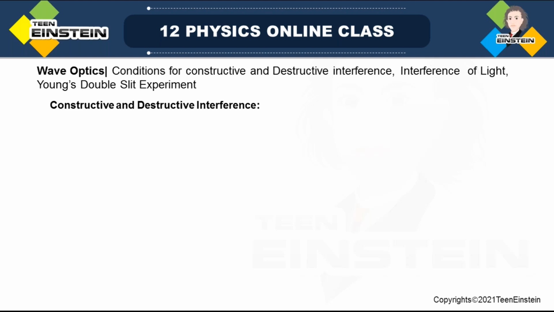Two coherent sources must have the same frequency, and it has to be monochromatic, like both the lights, both the rays should be monochromatic, and they should have a constant phase relationship. So there are a few conditions like that. Those things we had already discussed.